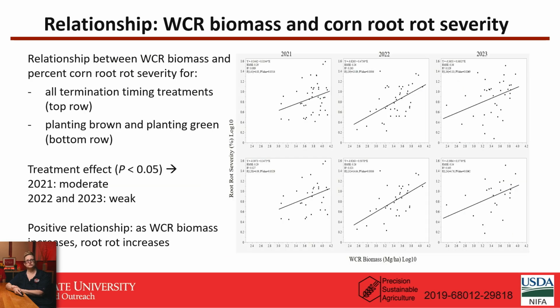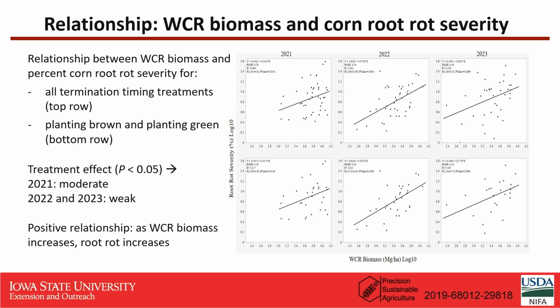Another thing we looked at was the relationship between different factors. For here, we're looking at the winter cereal rye biomass relationship with corn root rot severity. For this figure, the top row is all termination timing treatments, whereas the bottom row is planting brown and planting green only.